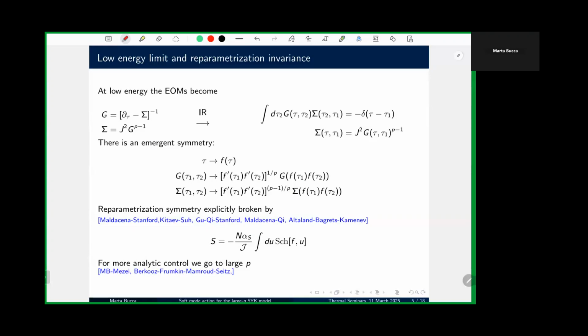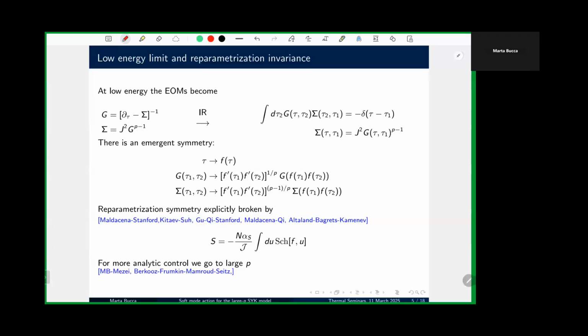So what we did was we considered the large P limit, where again P is the number of interacting fermions, hoping that this would both provide more analytic control and also allow us to generalize this mechanism to the chain.